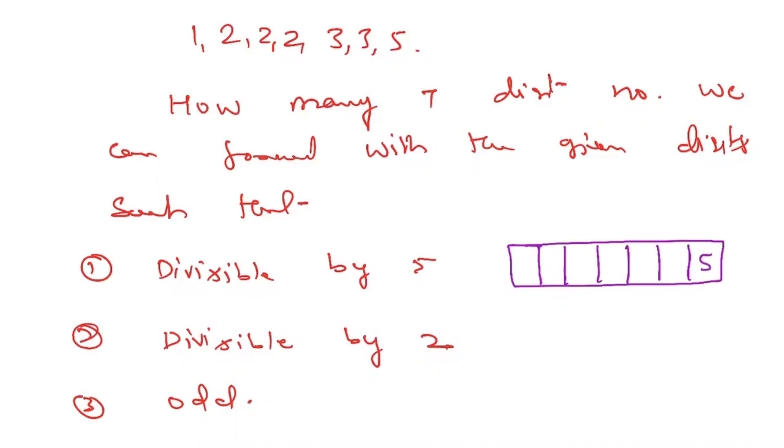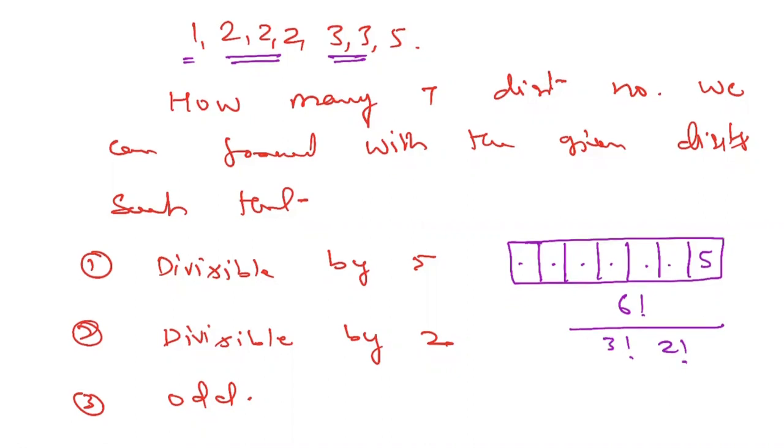Now, how many options do we have? 3 twos are there, and 2 threes are there, and 1, right? So 1, 2, 3, 4, 5, 6, these 6 positions we have to fill, right? So factorial 6 by factorial 3, factorial 2. So all the numbers divisible by 5 are there.